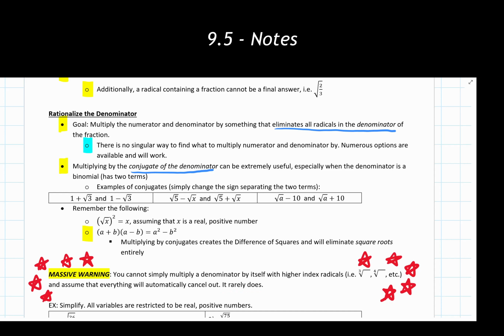It's not very often the case, and there's generally something that's left over, or we incorrectly cancel, and things go horribly, horribly wrong with that. But again, that's for when we are working with higher index radicals in the denominator spot, which we're not going to be seeing a ton of here. So with that, let's dive into some examples and see how we put all of this to practice.